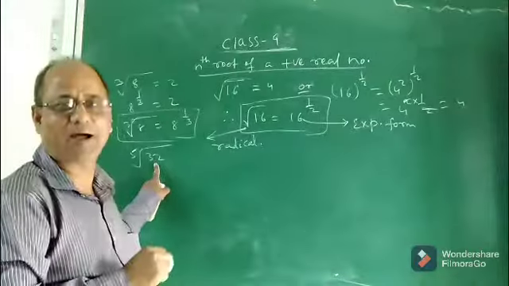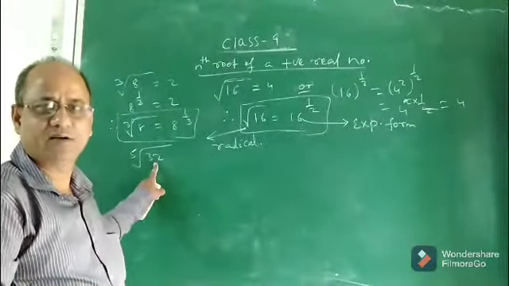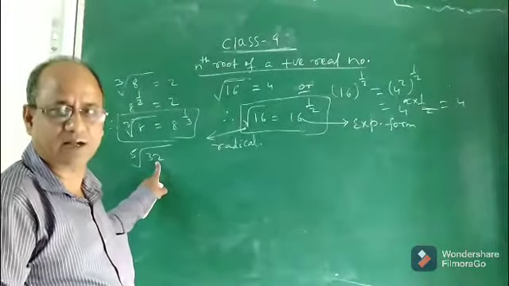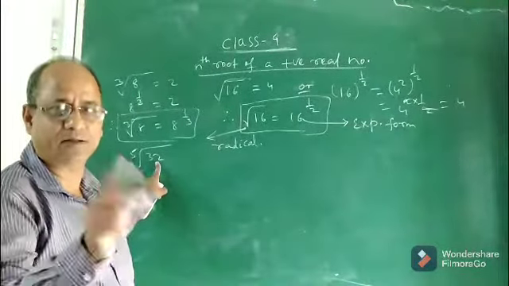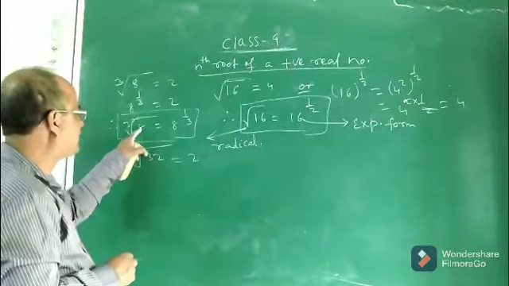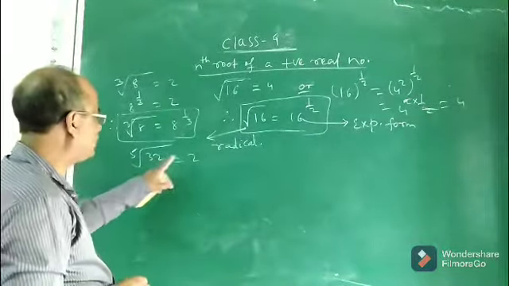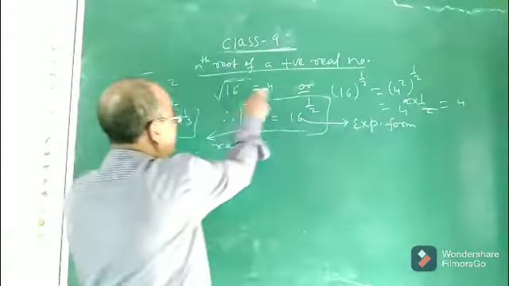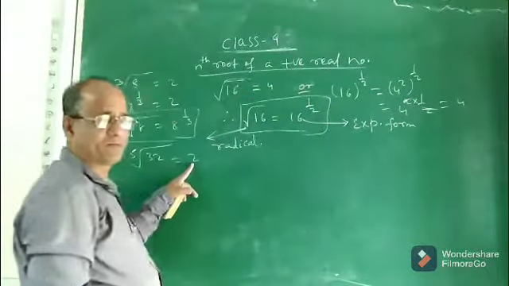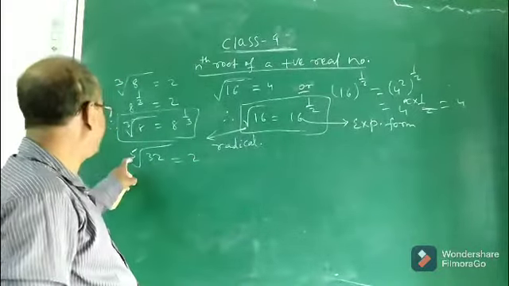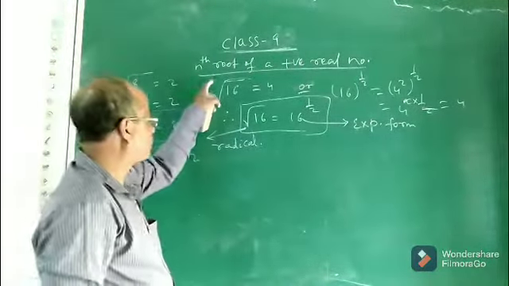If we multiply 2 five times, the product is 32. That means the fifth root of 32 will be 2. Cube root of 8 is 2. Fifth root of 32 is 2. Square root of 16 is 4. So this is fifth root, cube root, square root.